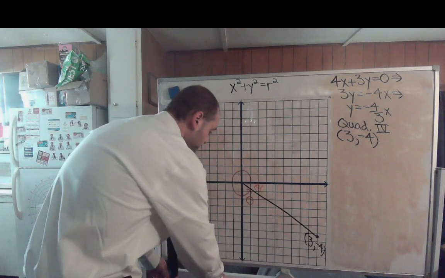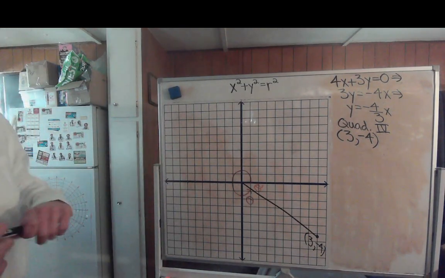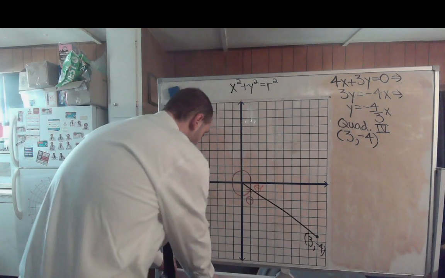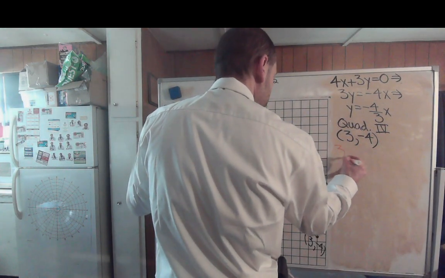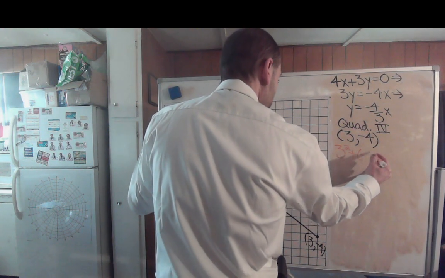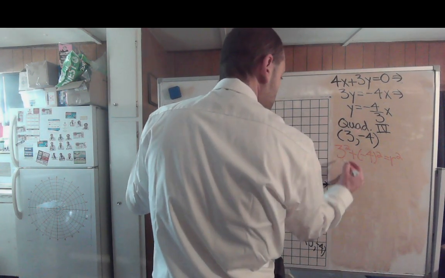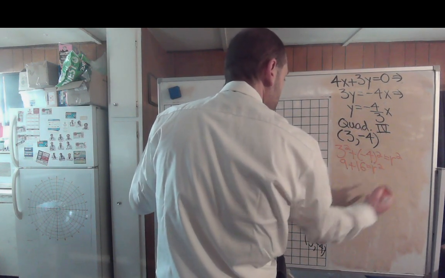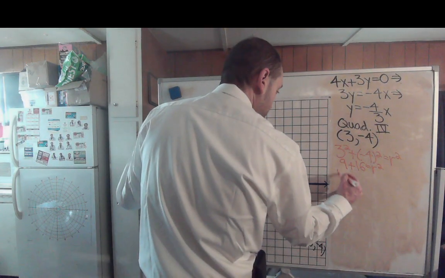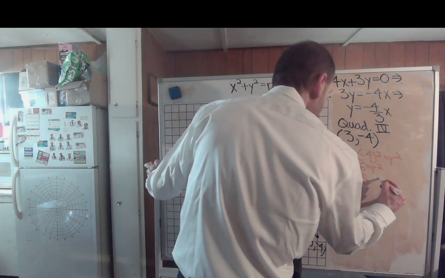All right, so now let's find the radius. So that radius, well, that's going to be my 3 squared plus the -4 squared would equal my radius squared. So 9 plus 16 equals the radius squared, which means that my radius squared equals 25, and the radius is always positive, so that means my radius is 5.